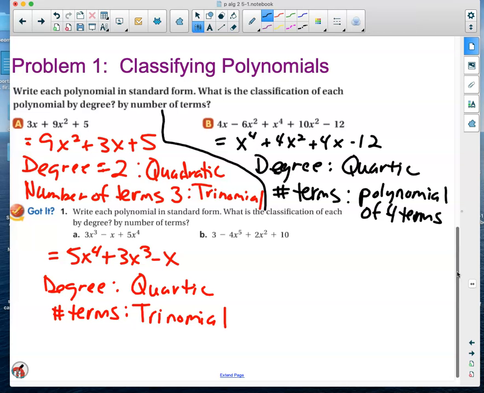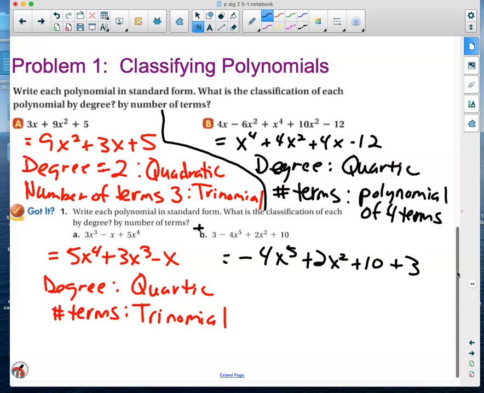And then for B, oh, I forgot the little negative there. I was just going to say, make sure you always take along the sign that's right in front of each term. So this 3 is like a plus 3, since there wasn't anything there.